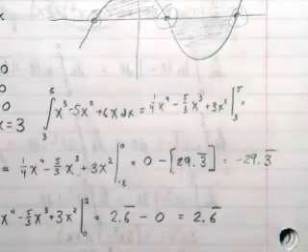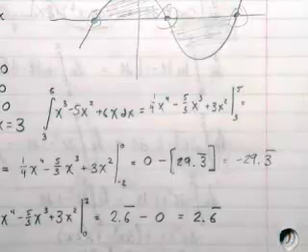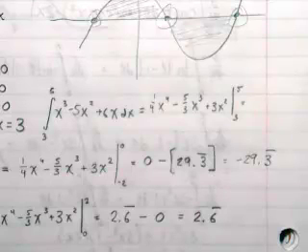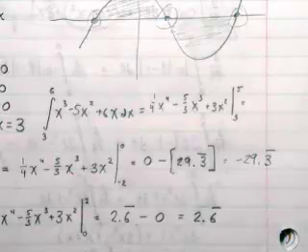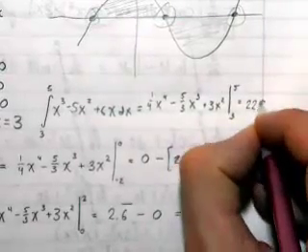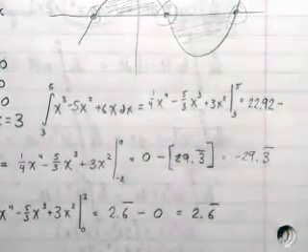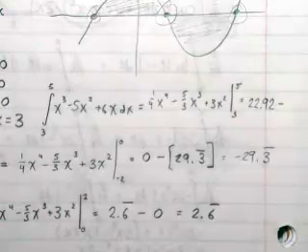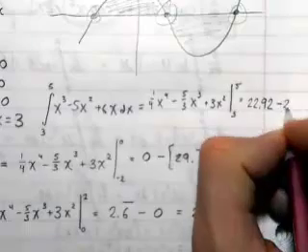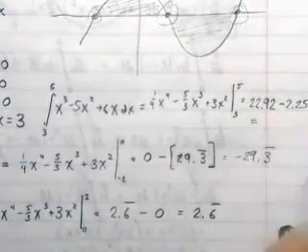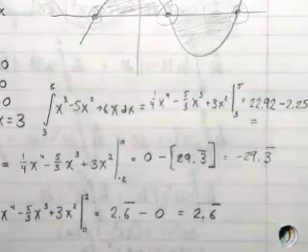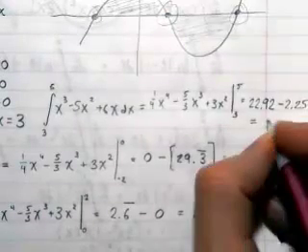Plug it in: 1/4 times 5 to the 4th minus 5/3 times 5 to the third plus 3 times 5 squared. 2.92 looks like, except minus what we get when we plug in the 3, which was 2.25. So it looks like 20.6 repeating now.